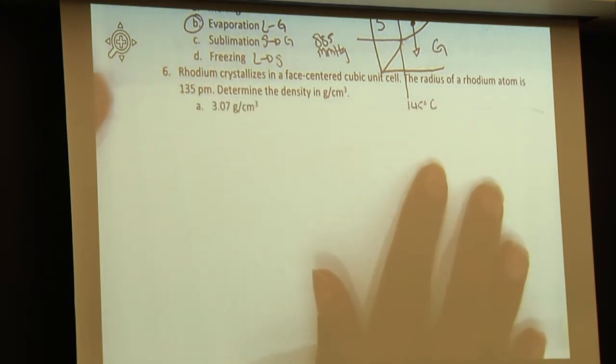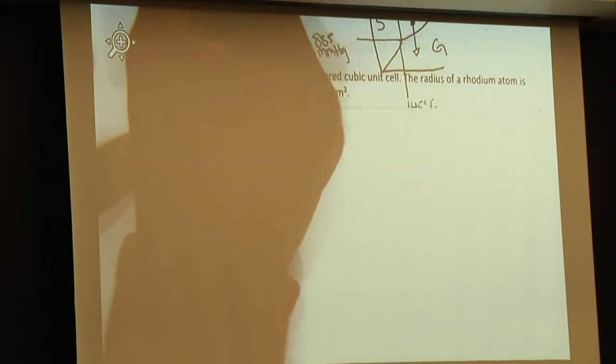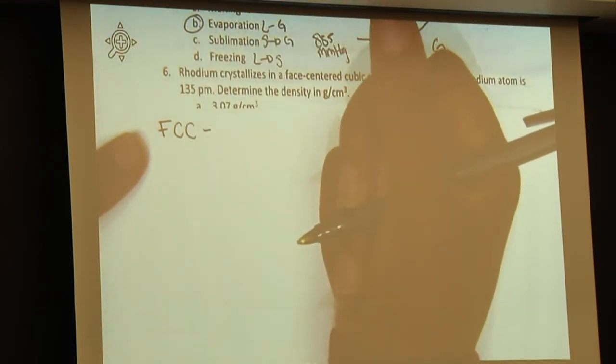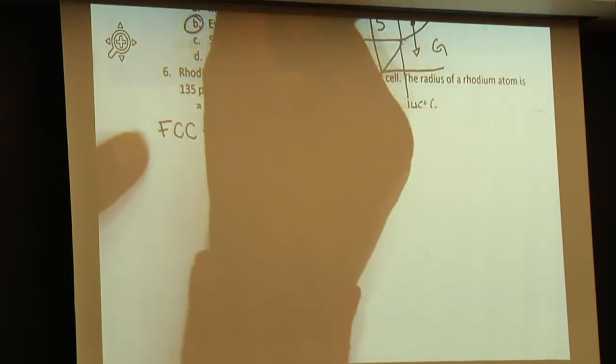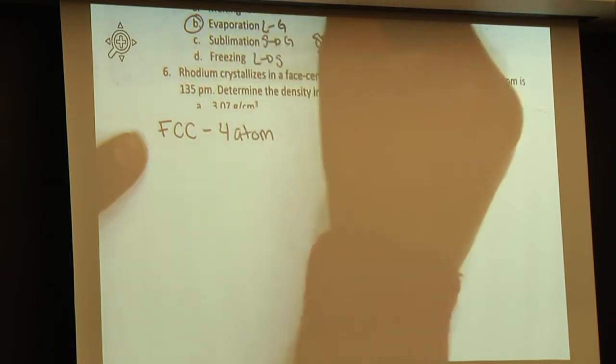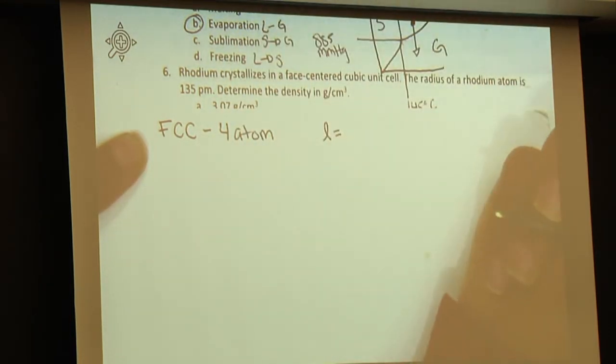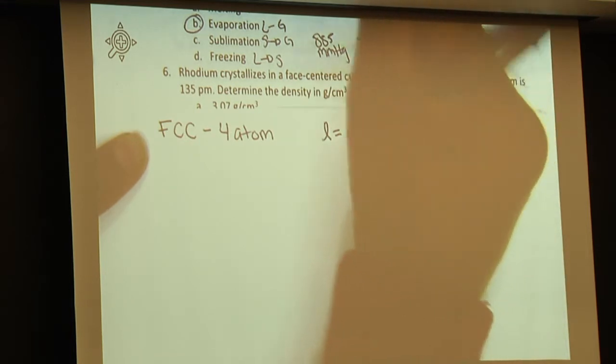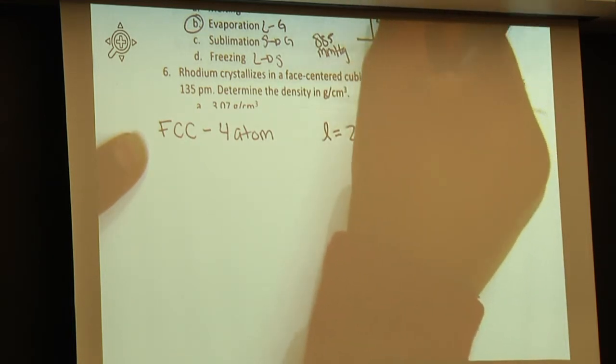Okay, so face-centered cubic is how many atoms? 4 atoms. And what is the length equation for it? 2r square root of 2.